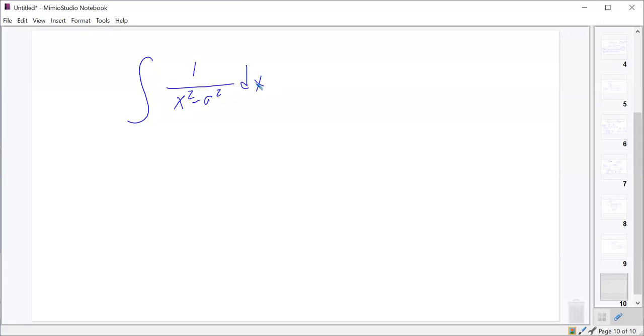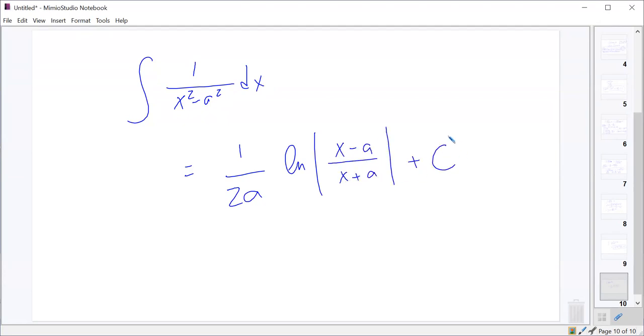The integral of 1 over x squared minus a squared is another one you should have memorized: 1 over 2a times the natural log of the absolute value of x minus a over x plus a, plus a constant. That's another good one to know, so make sure you've got that one. I'll put that on the sheet also. But that's a good one.